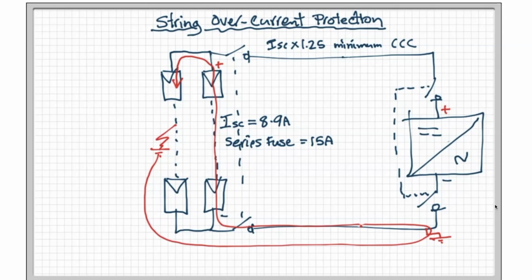The cables, plugs, panel won't be thermally damaged. So even though we've got 2 strings of panels and each panel is capable of producing 8.9 amps, the faulty one doesn't produce anything. So it's absorbing 8.9 amps. So still, we don't actually require any string overcurrent protection device. So you're thinking, well, why do we need one at all, Glenn?